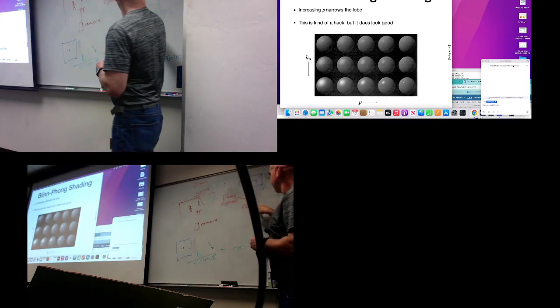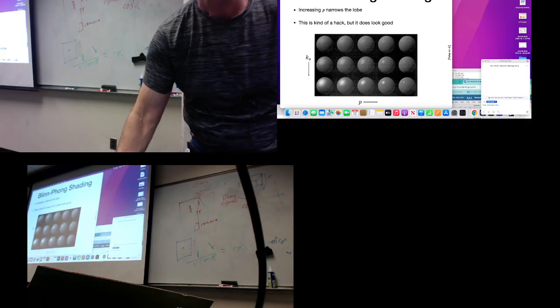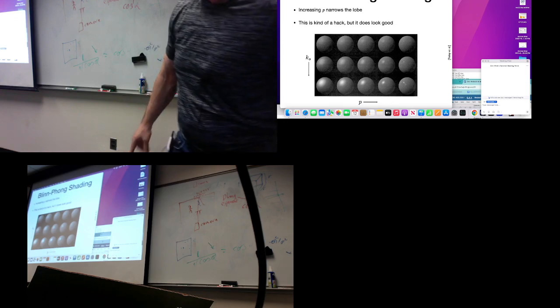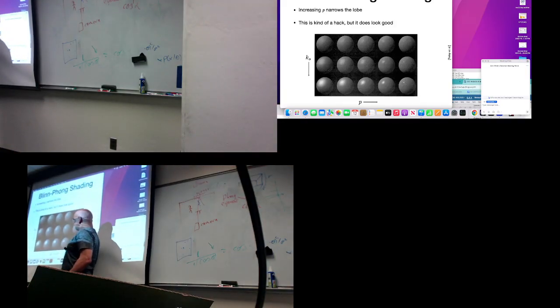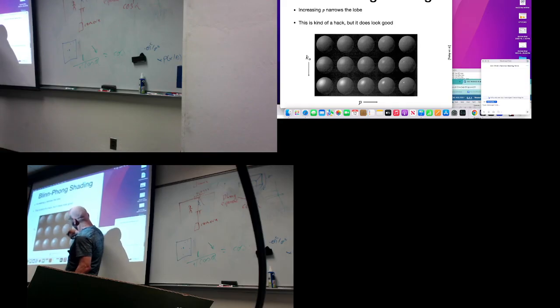P is particular to this surface. And what happens when I increase p? It means that at the point of the perfect mirror, I still see the specular spot. What happens if I'm walking just slightly away from the point of the perfect mirror?